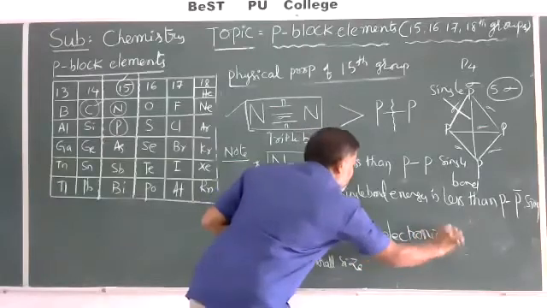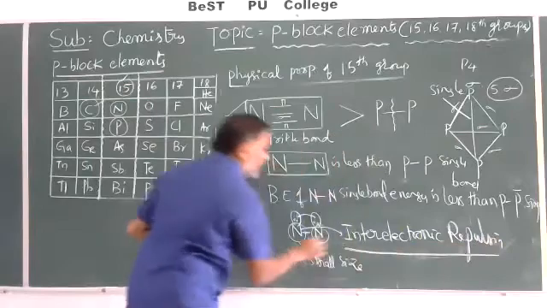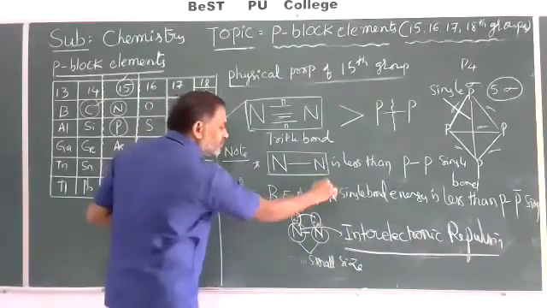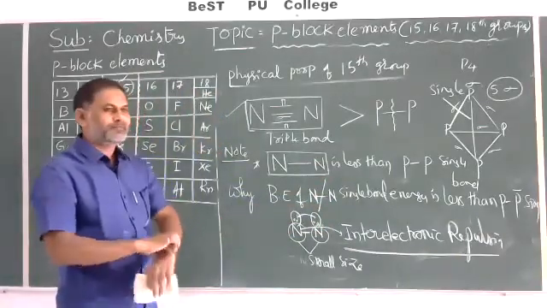Because of these inter-electronic repulsive forces, nitrogen single bonds are easy to break compared to phosphorus single bonds.